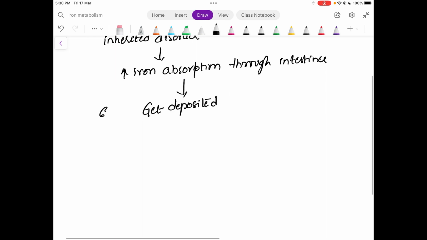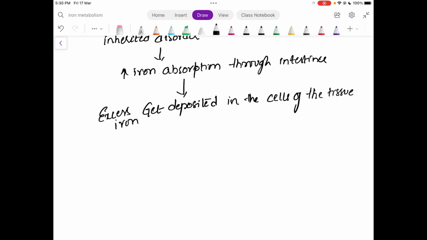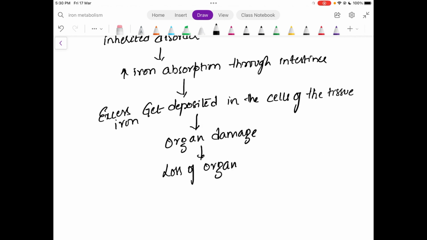That means excess iron will get deposited in the cells of the tissues. This deposition will cause organ damage, and this organ damage will cause loss of organ function.